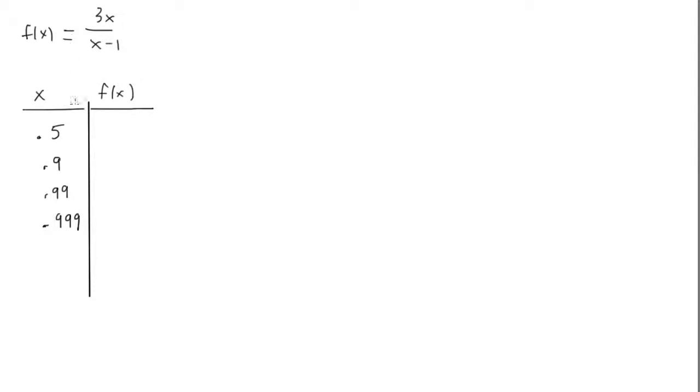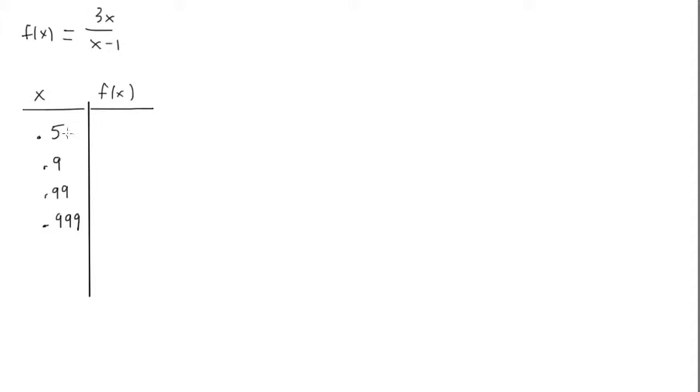If I want to plug these into the function, just plug them in for x and do some quick calculator action. That's okay here because we're just trying to illustrate roughly what's going on. Later we'll learn more exact processes for what we're doing here.